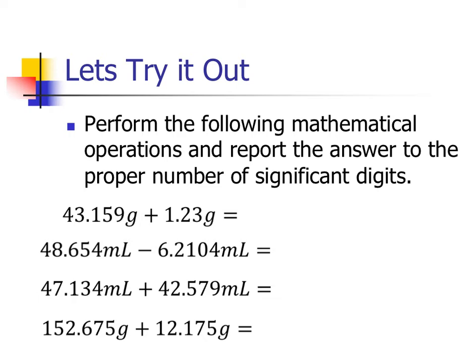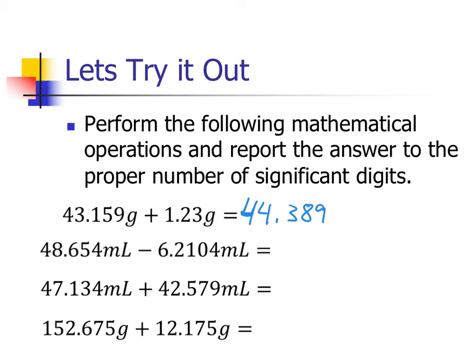We plug that into our calculator. We're going to get an answer of 44.389. But is that my answer? And a lot of people would want to say that's my answer, and they would be fine with that.